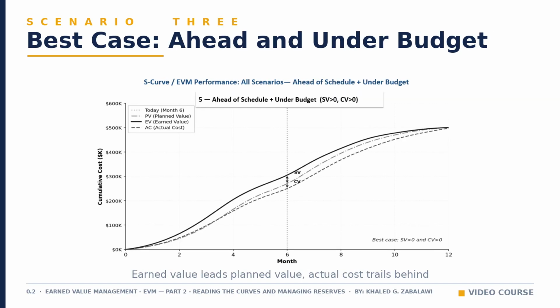Now compare that worst-case chart to this one. At the same 6-month marker, earned value sits above planned value, and actual cost sits below earned value. The gap between earned value and planned value is a positive schedule variance. The team has finished more work than the schedule expected by this point. The gap between earned value and actual cost is a positive cost variance.